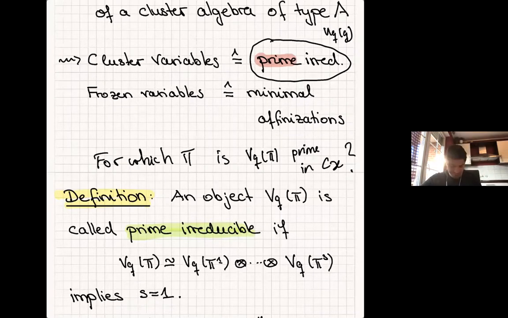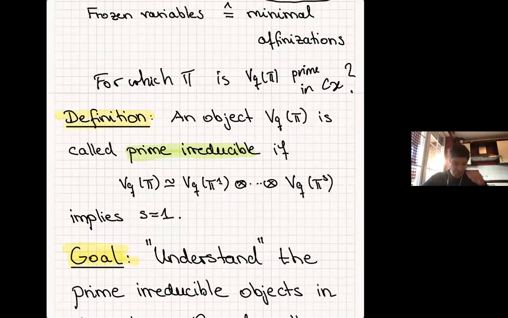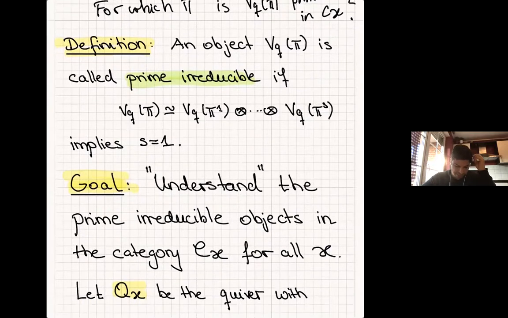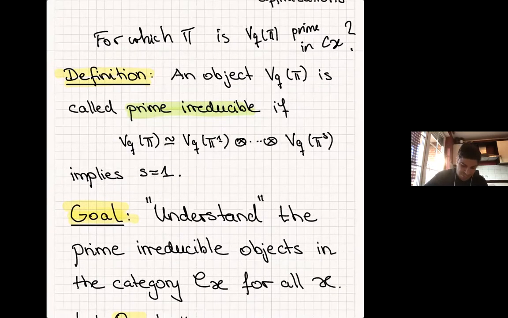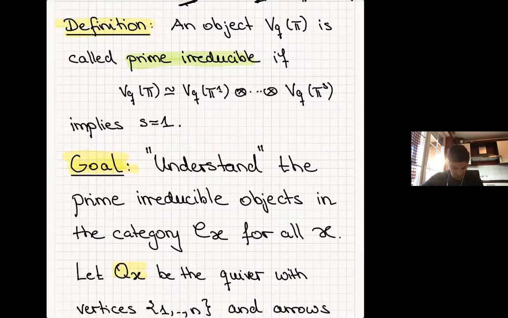This question can be asked, which I want to explain now. First of all, the goal is to understand, whatever understand means, the prime irreducibles in this category for all height functions κ. And to say for which π this representation is prime, I have to introduce a quiver.